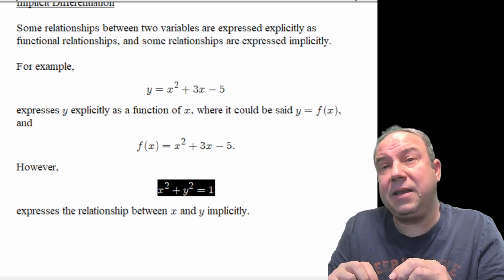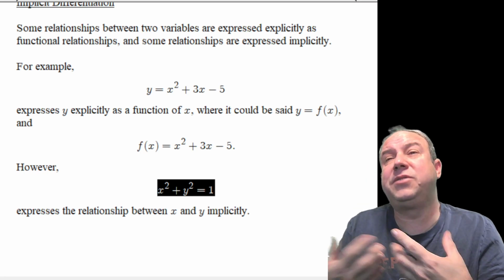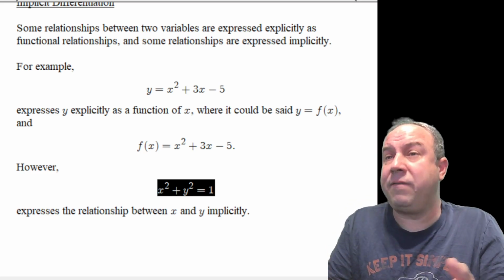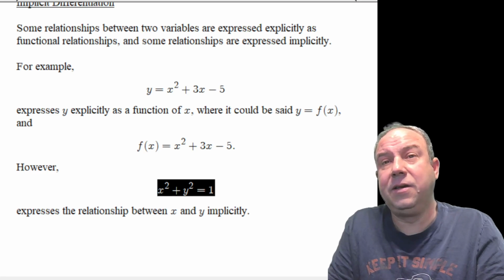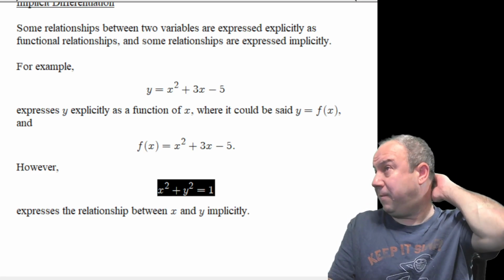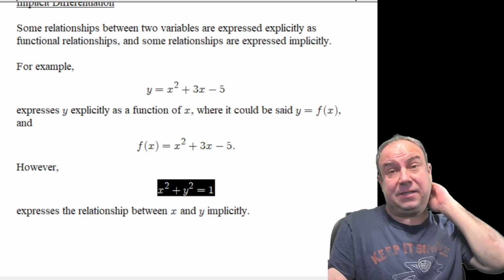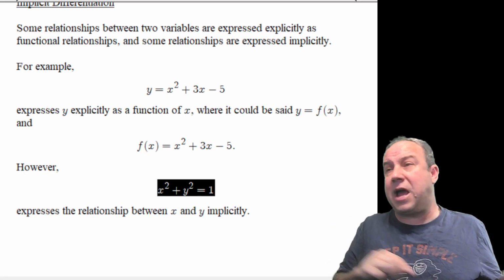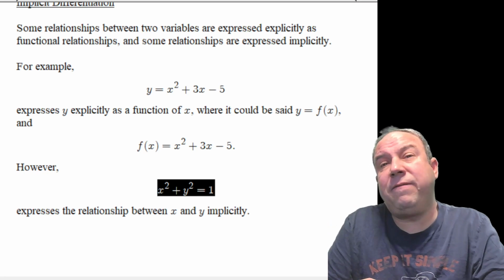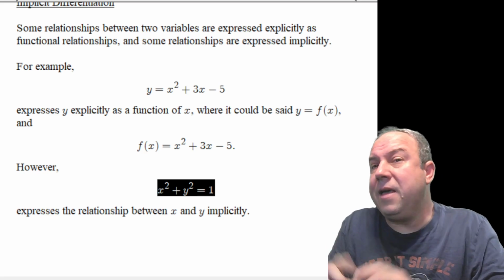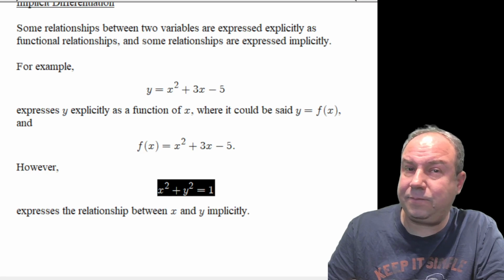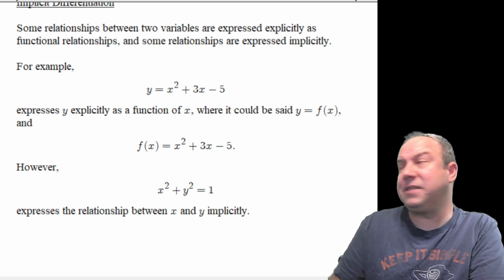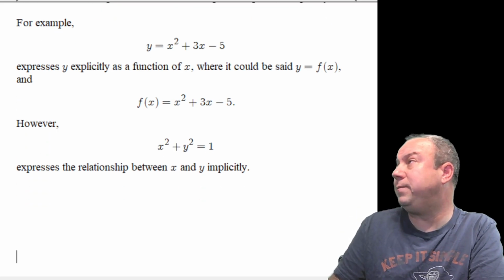We can't necessarily substitute in for y the value f of x, nor could we substitute in for x the value f of y. In either case, attempting to solve for x or y is not going to lead us to a functional relationship that explicitly describes the unit circle. So this is an example of an implicit relationship.